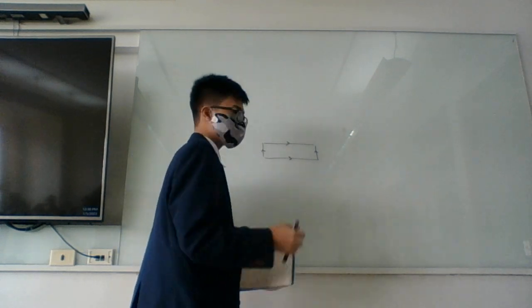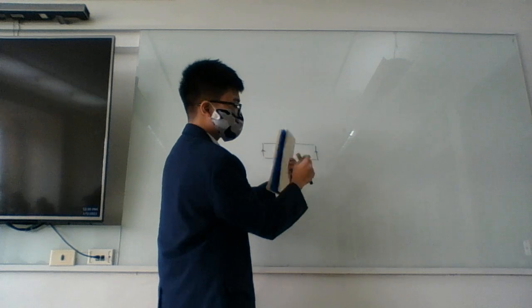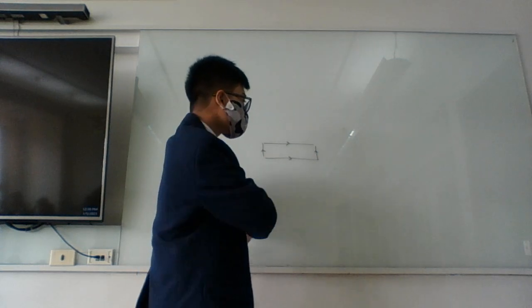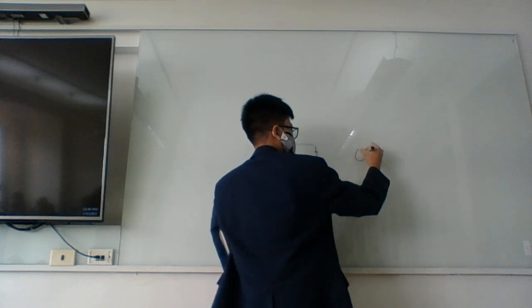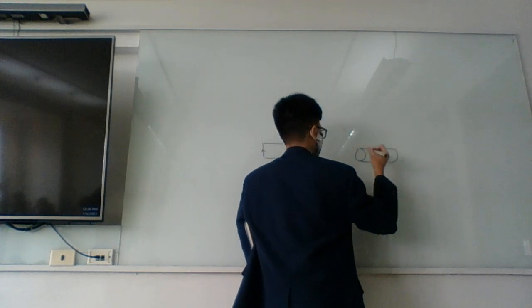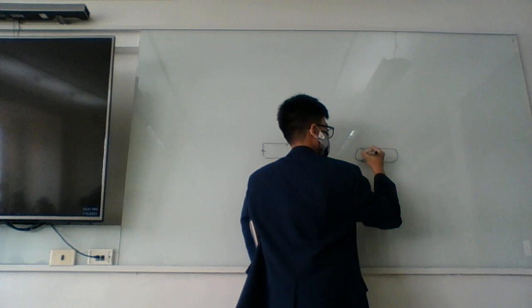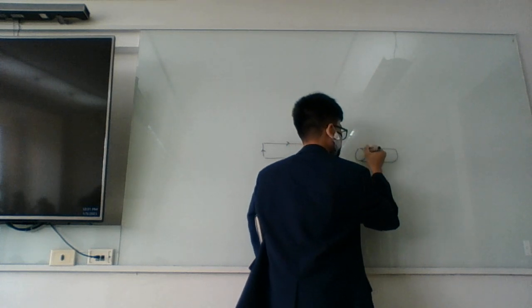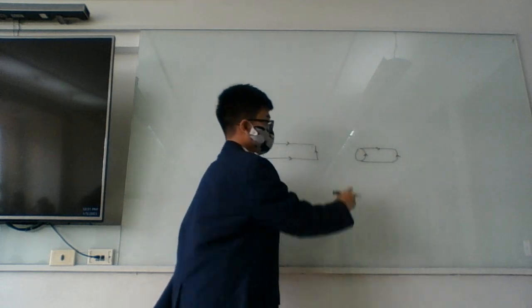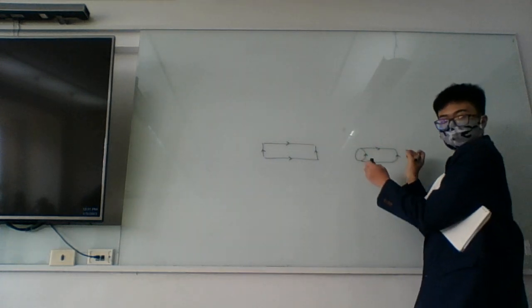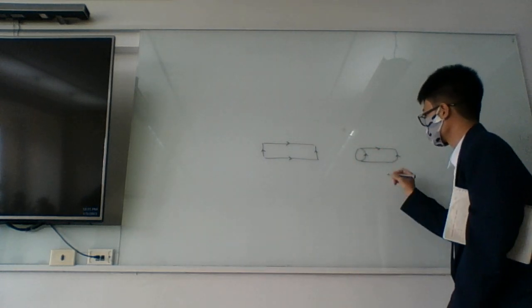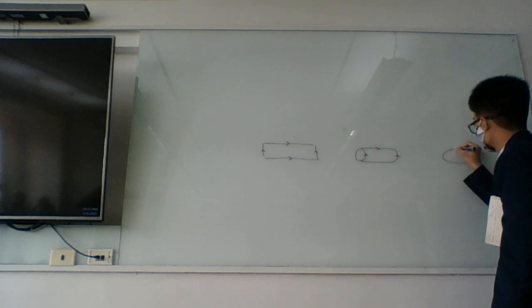So first we grab these two edges, and then we bring them together to form a cylinder. And then once we form a cylinder, this becomes like this. Once we have that, we take these two circles, or these two boundaries, and then we put them together. And then this forms a torus.